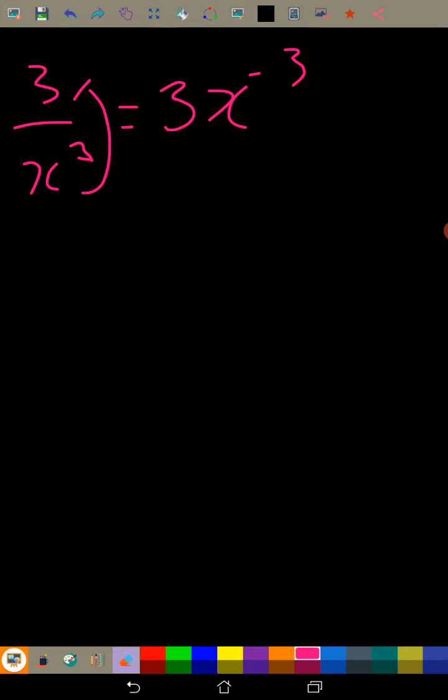With differentiation, we'll need to know how to change the form of rational expressions like this. If we have 3 divided by x to the power of 3, we'll have to write it as well as this, by bringing the denominator up close to the numerator.